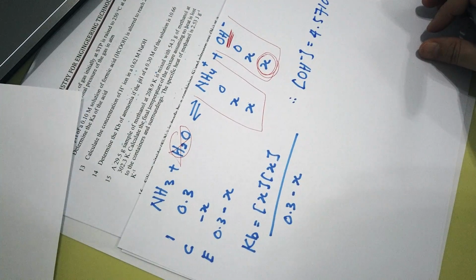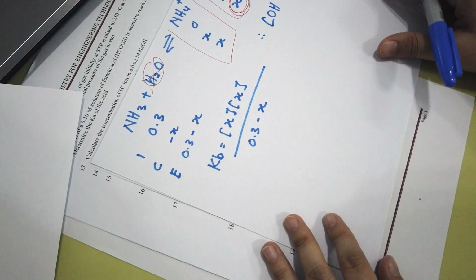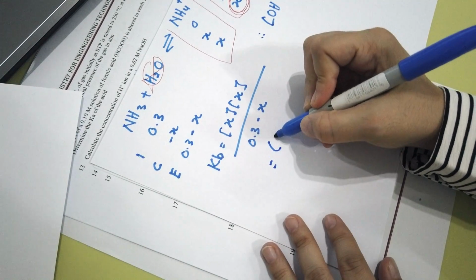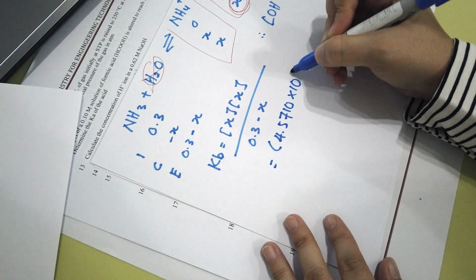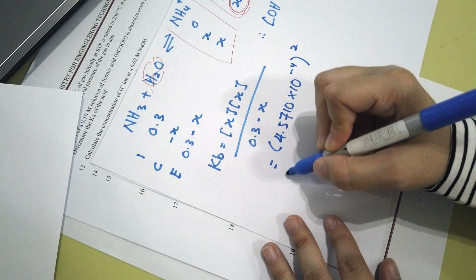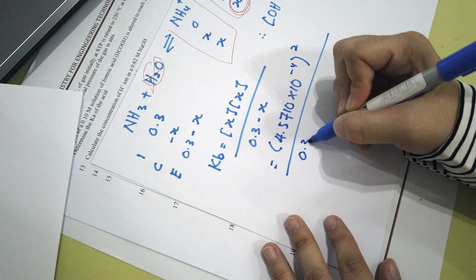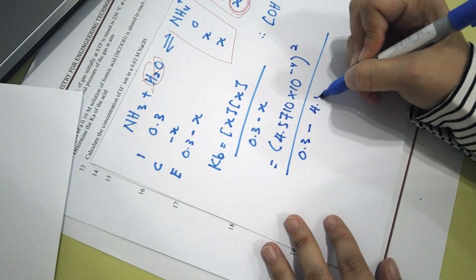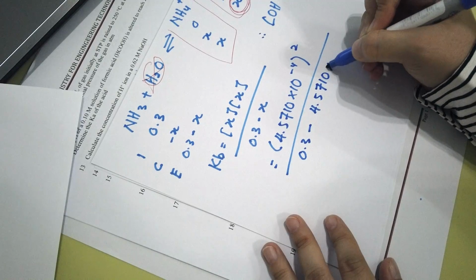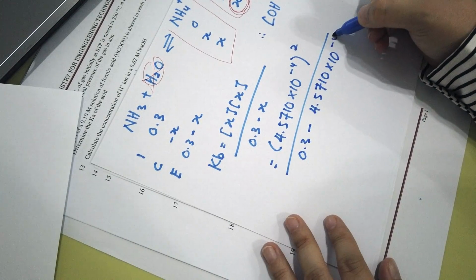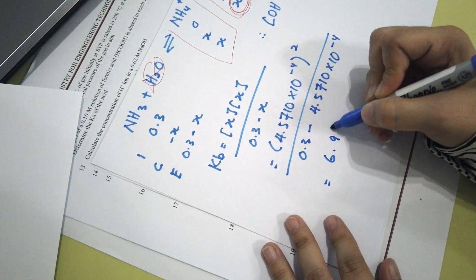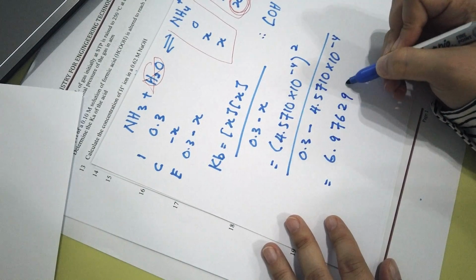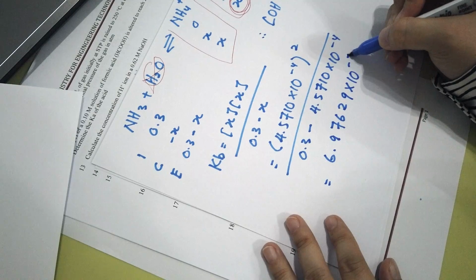So you just plug in this value: 4.5710 times 10 to the power of negative 4 squared over 0.3 minus 4.5710 times 10 to the power of negative 4. You should get your Kb equivalent to 6.97629 times 10 to the power of negative 7.